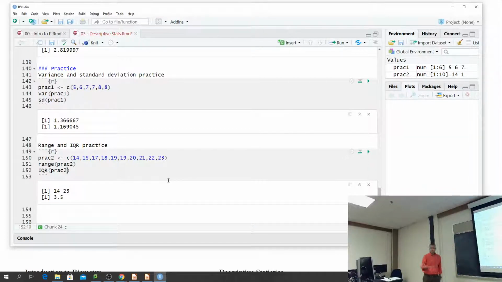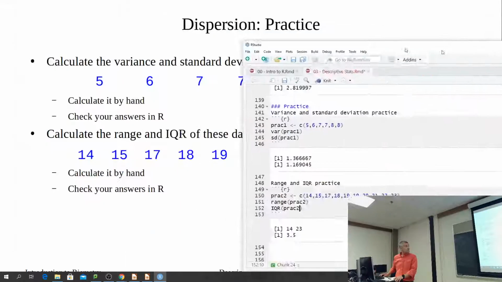Or you can do the difference between the values. So that is 9, so range of 9. And then for IQR, you can just report what R gives. So IQR. Questions? Pretty easy to do it in R.